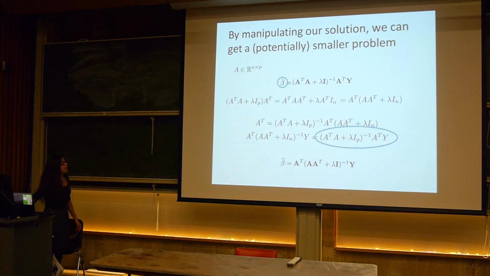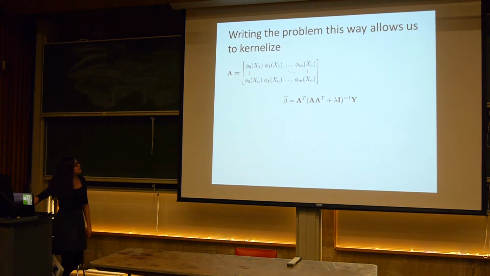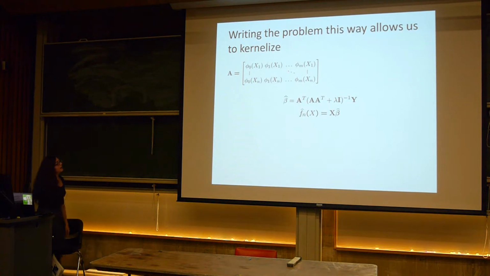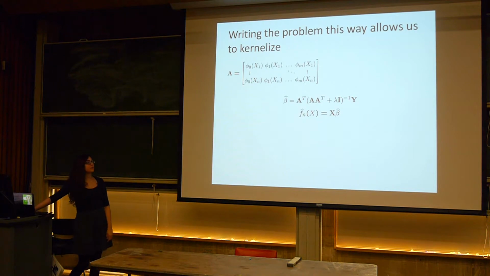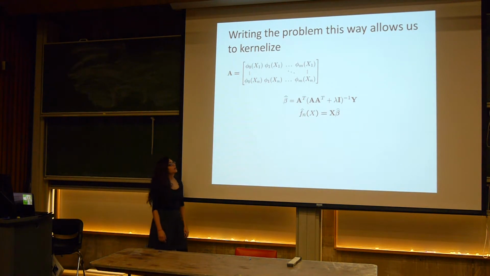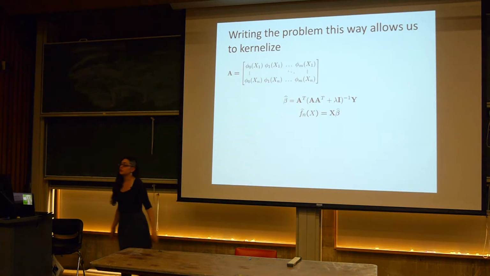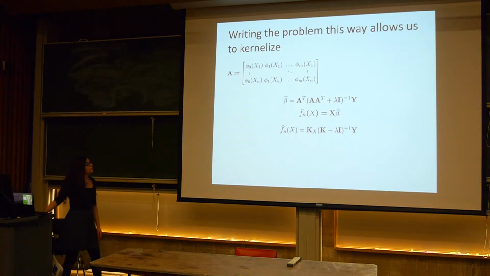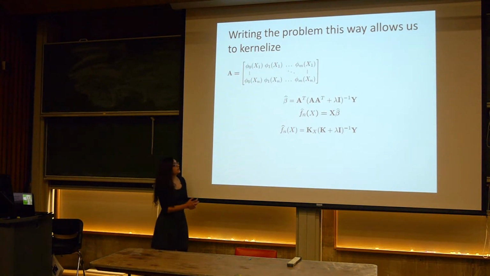Okay. What's also cool is that this can be further generalized. We have our beta hat that we just solved for, and then we also have our full prediction, which is just x times the beta hat. In class, this was presented without proof.